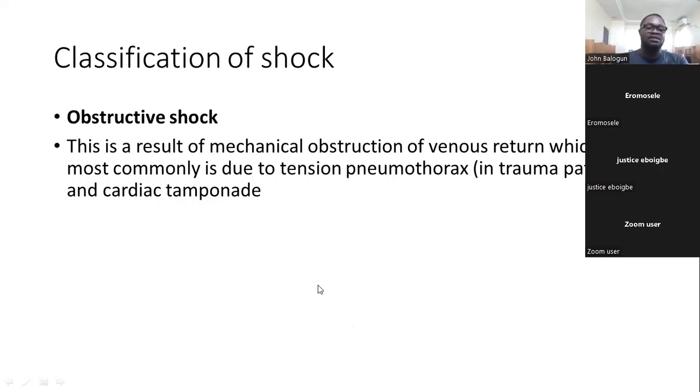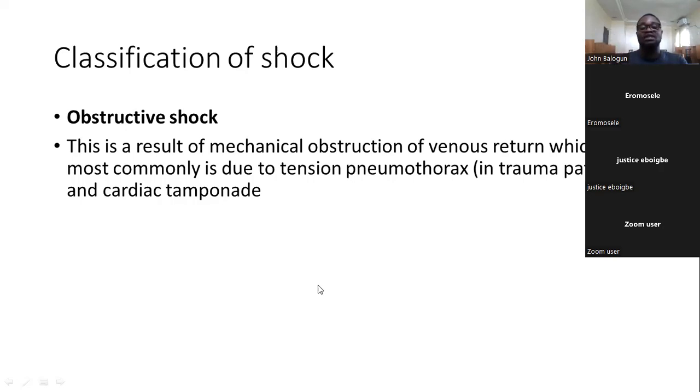Then the vital signs are classical of shock: the pulse rate is high, the BP is low. Once you hear muffled, distant heart sounds, distended neck veins, and a hit to the chest, you should be thinking of cardiac tamponade.